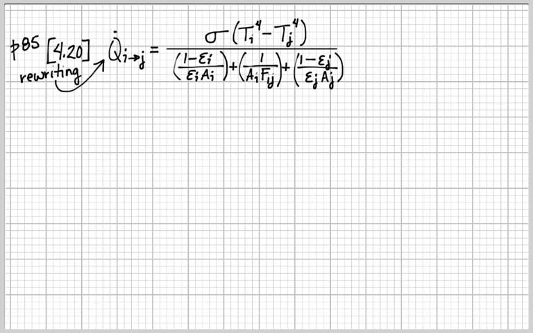That's going to tell us that it is this thermal difference, this thermal gradient between the two surfaces, that is driving heat. In the denominator, I've got three different values, and each one of those values is going to be associated with the resistance. So we'll have the surface resistance Rs of i first, right here, and then we're going to have the surface resistance of surface j on the right side, and between them we'll have that intermediate Rij resistance.